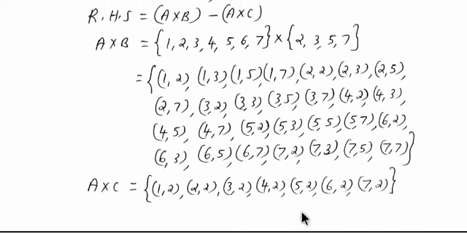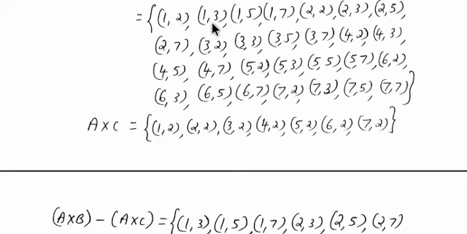Here 1, 3 can be taken. 1, 2 cancels, therefore 1, 3 can be taken. Then 1, 5 and 1, 7 can be taken; 2, 2 cannot be taken, it is cancelled.